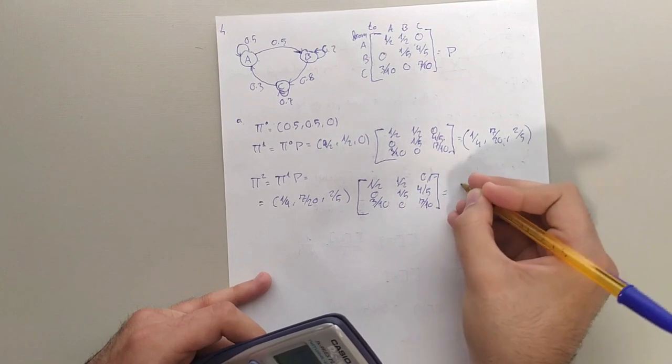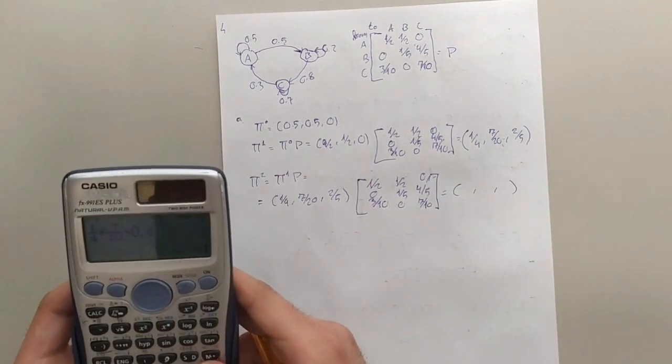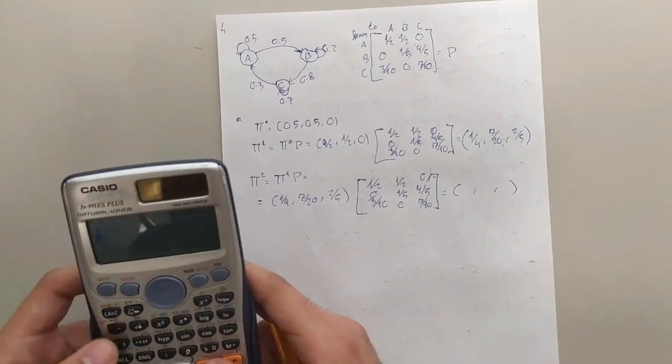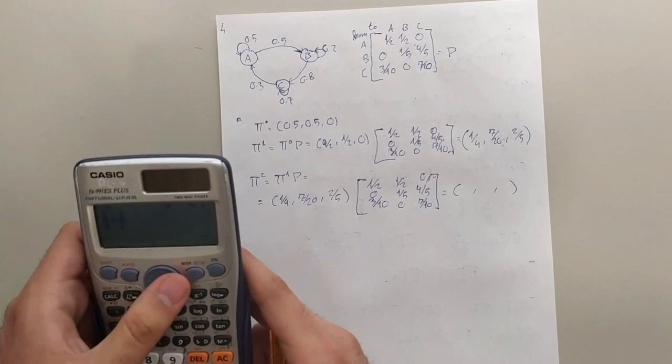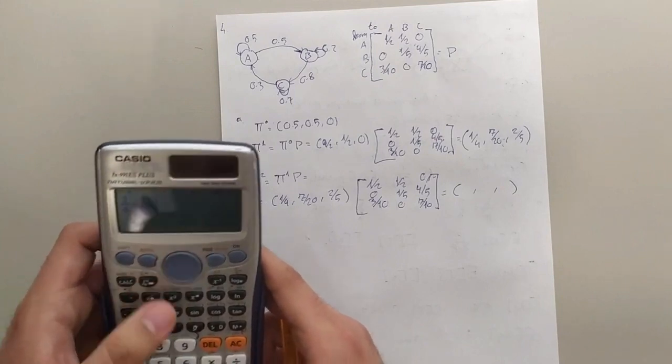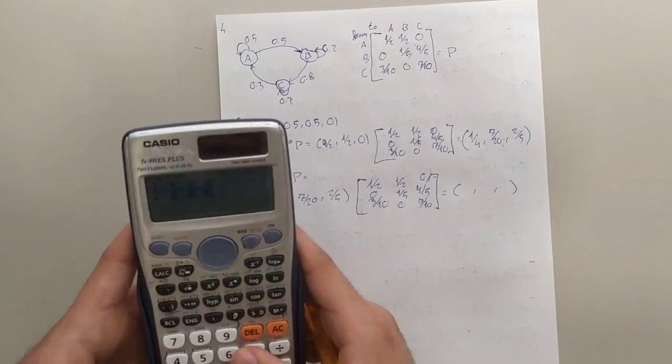And the probability vector should give us this. Plus 2/5 times 3 divided by 10.